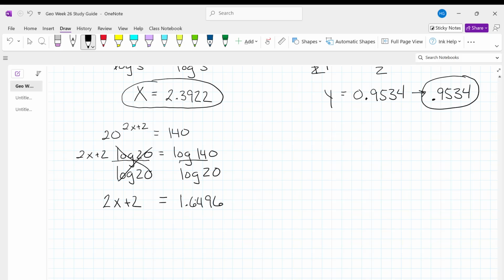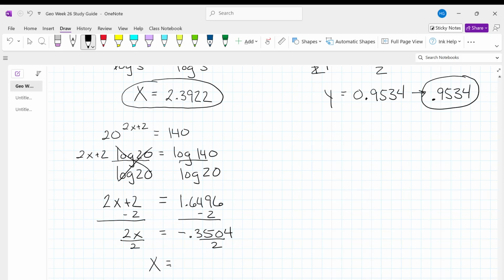And again, leave that on your screen. We're going to subtract 2 from each side. So our 2x is equal to the 1.6496 minus 2 equals, I get negative 0.3504. And then just divide each side by 2.